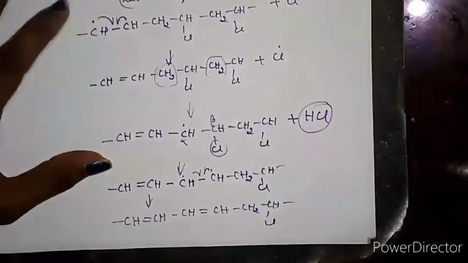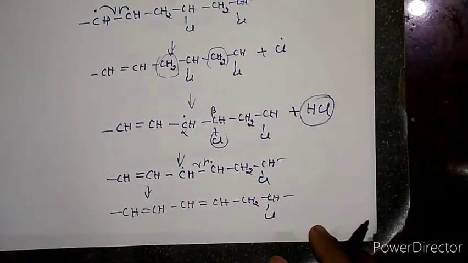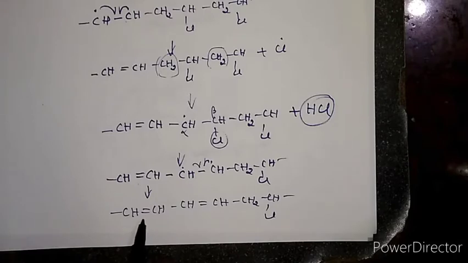It continues like this many times until all the chlorine atoms detach from the chain. So what you can see here is that there will be a generation of double bonds in alternate positions. That means conjugated double bonds will be generated. This is how PVC undergoes degradation.